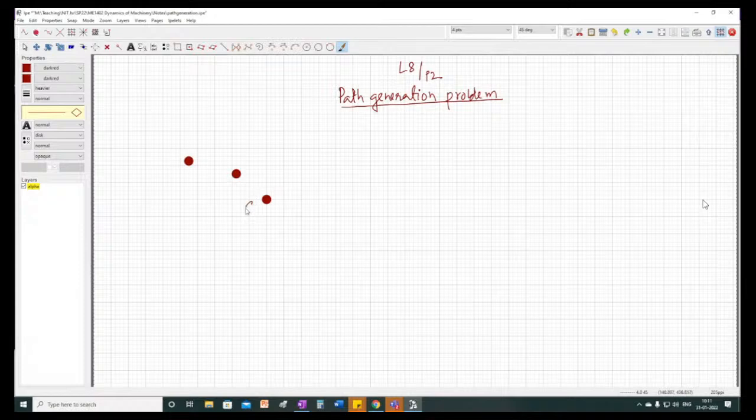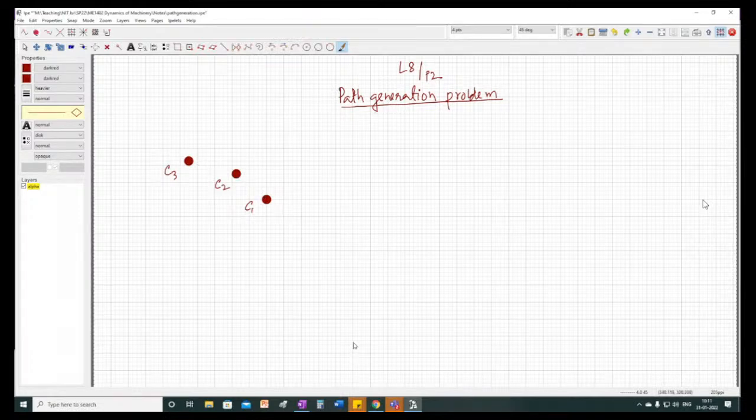For position 1 this is C1, this is C2, and this is C3. Given these three positions, while the mechanism is running, you have to ensure that a particular point on the coupler must follow this path.